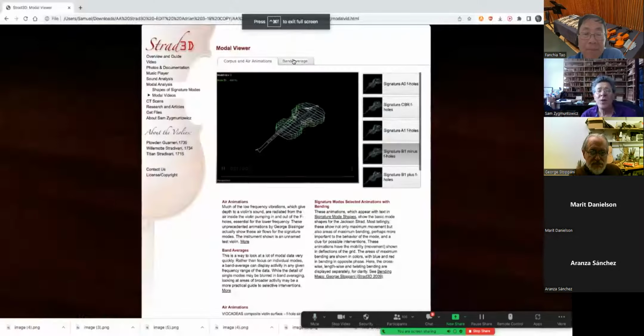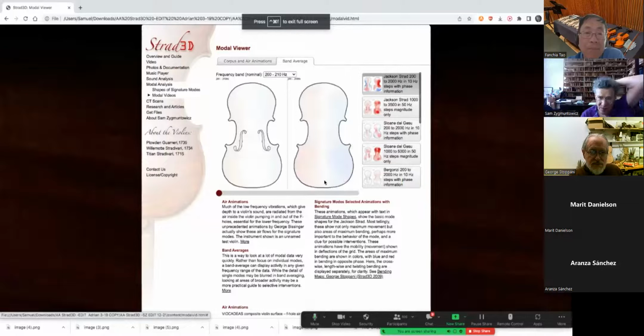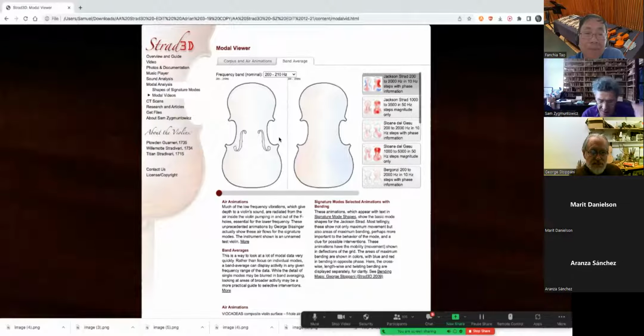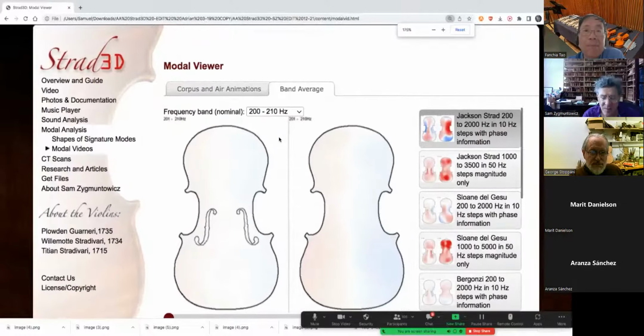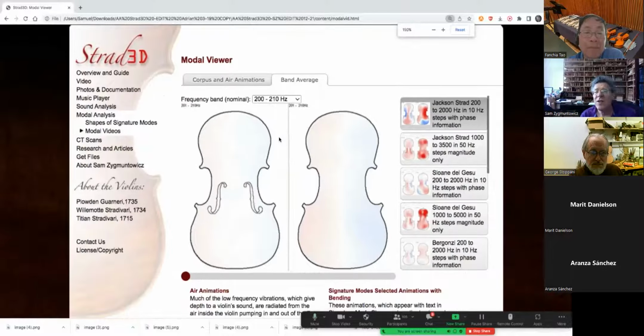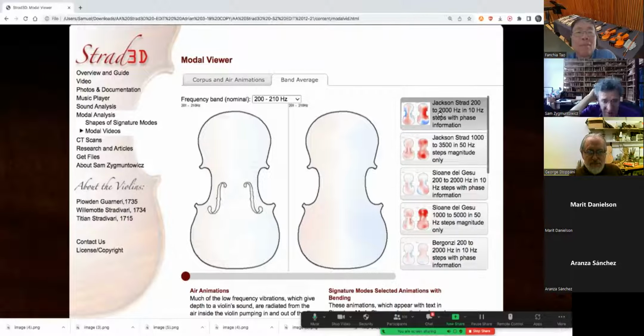So what we also have here is, let's see, this is the Jackson Strad, for example. One of the things that I have tried to do, and that George has done a lot and assisted a lot with, is trying to simplify complex information into more assimilable bits of information.